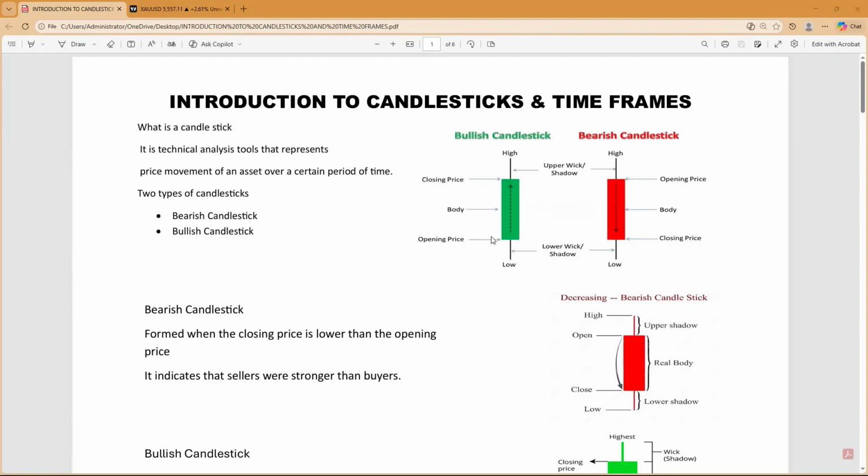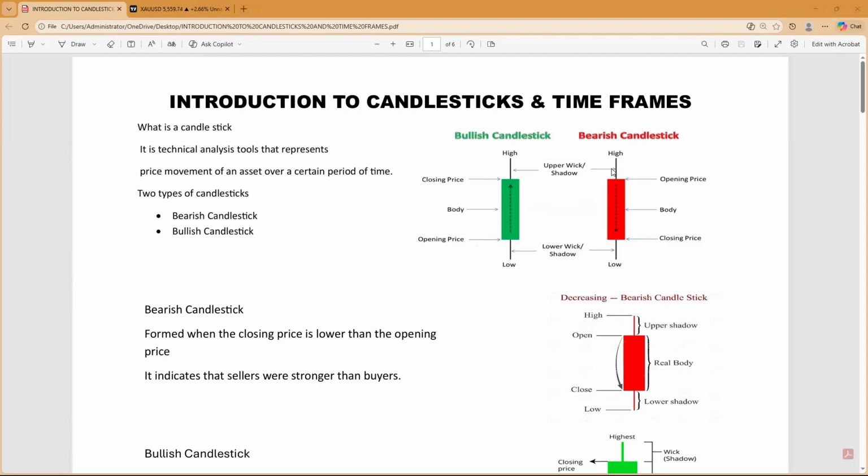Then again, let's look at the similarities between the two candles. Number one, they both have wicks, as you can see here, these tails.